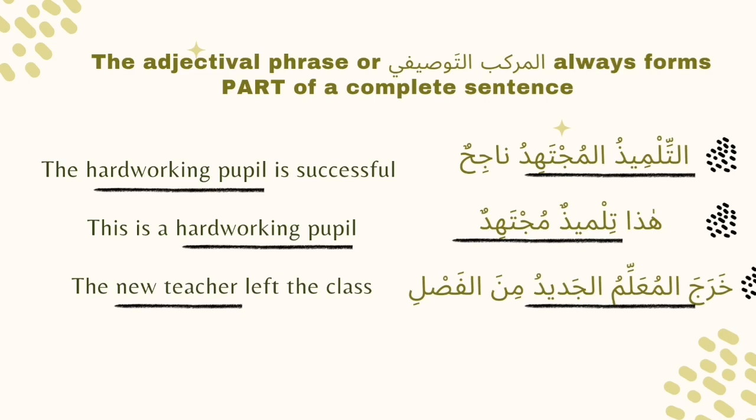If we only say at-tilmidu al-mujtahidu, the listener will have a question as what about the hard-working pupil? And the second example, هذا تلميذ مجتهد. This is a hard-working pupil. خرج المعلم الجديد من الفصل. The new teacher left the class. We can see that all of these sifa and mawsuf is agreeing on all 4 aspects.